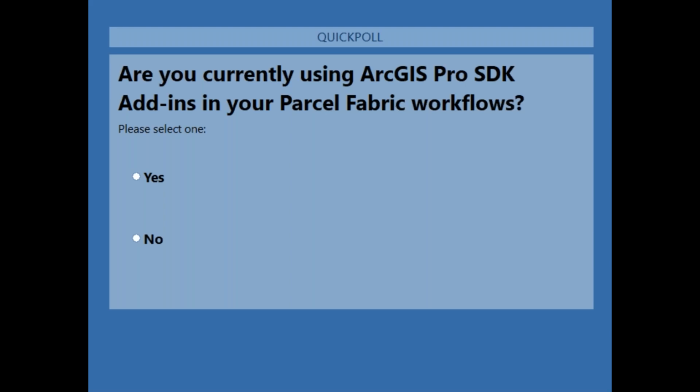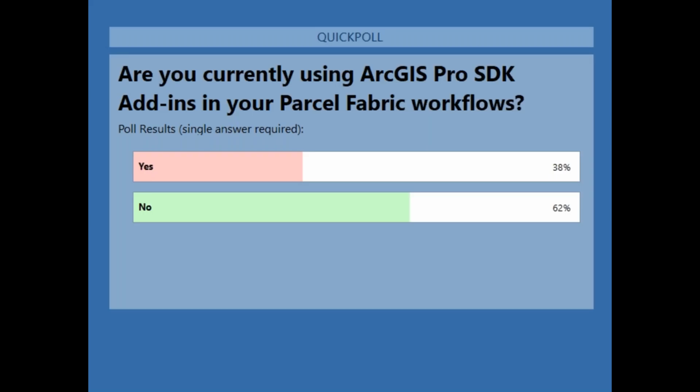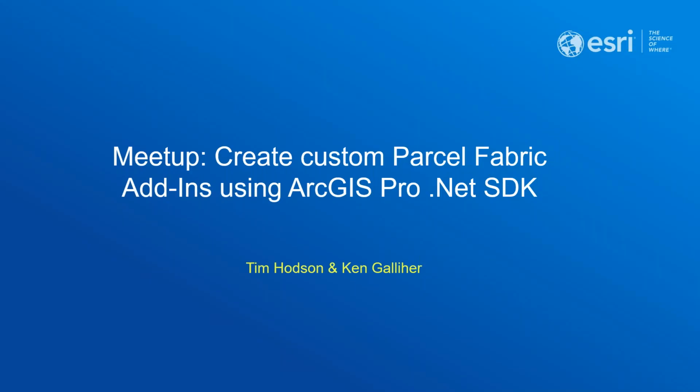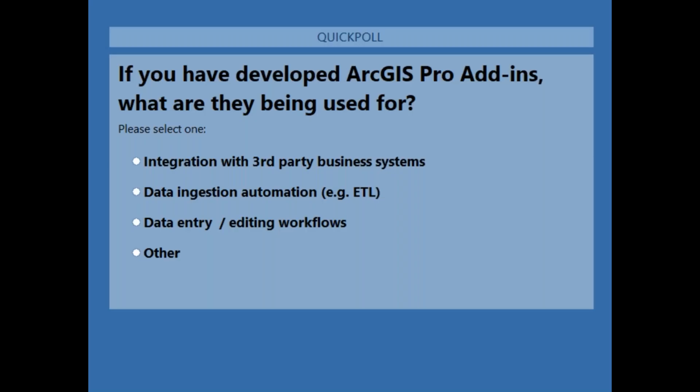No, sorry, it was like 2.5, 2.6. 2.6, something like that. So I'm going to close that and share, and we can see now that about 1/3 of you are already developing in the ArcGIS Pro SDK for Parcel Fabric, and that's good. And you're in the right place today.